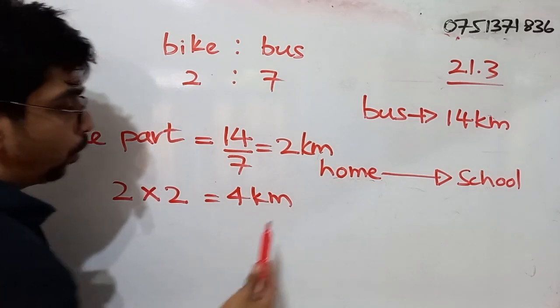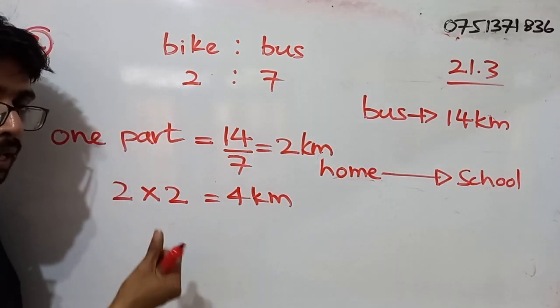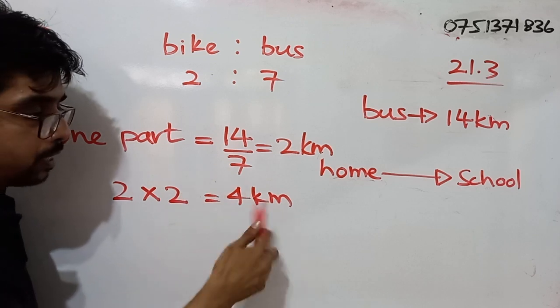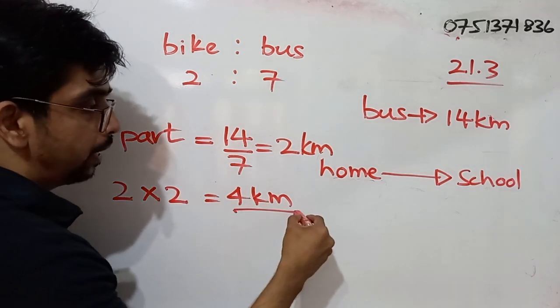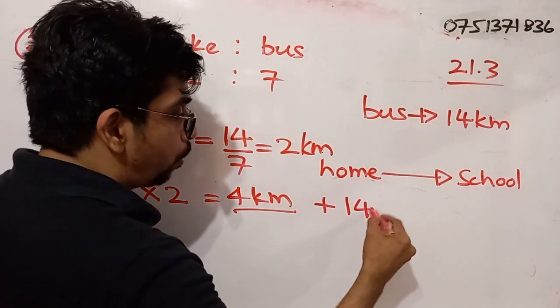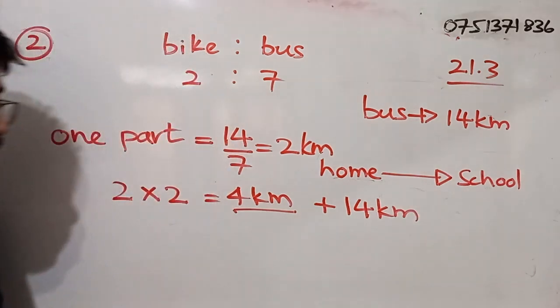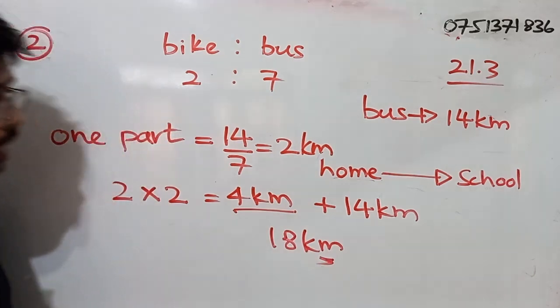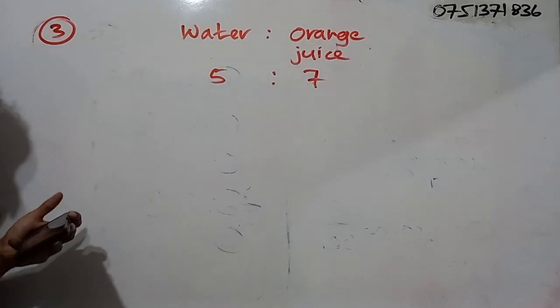Now, we know the distance from Sirimal's home to the bus halt is 4 kilometers, and the distance that he travels by bus is 14 kilometers. Then what is the total amount? 18 kilometers. Right.